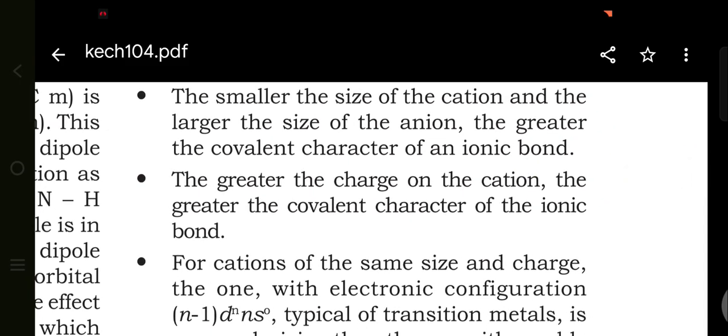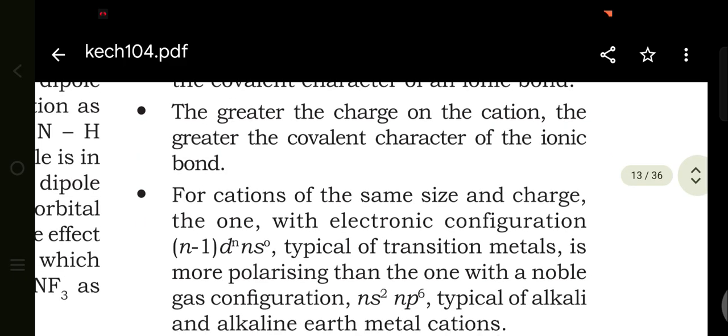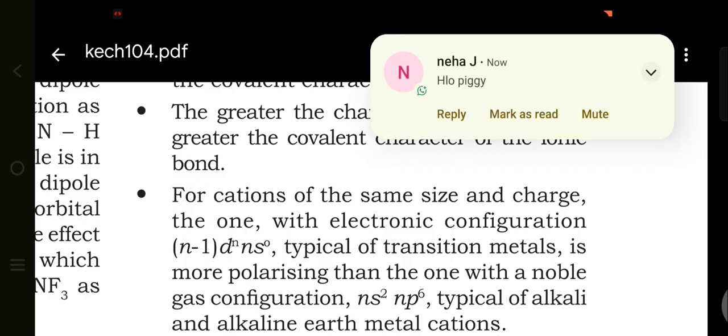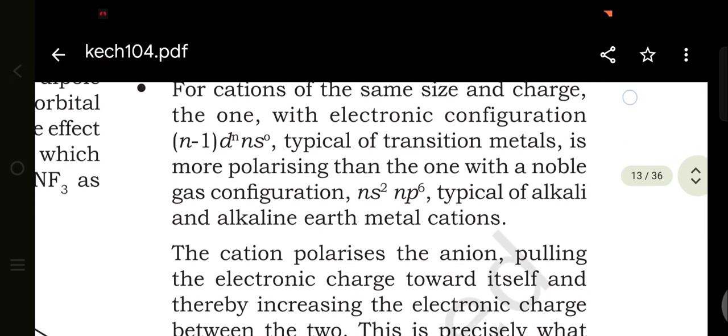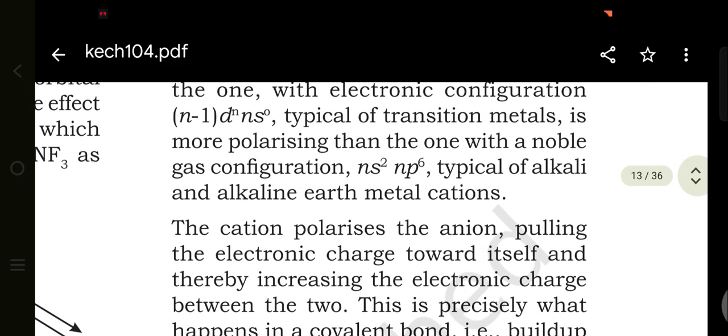The greater the charge on the cation, the greater the covalent character of the ionic bond. For cations of the same size and charge, the one with electronic configuration (n-1)d^n ns^0, typical of transition metals, is more polarizing than the one with the noble gas configuration ns2 np6, typical of alkali and alkaline earth metal cations.